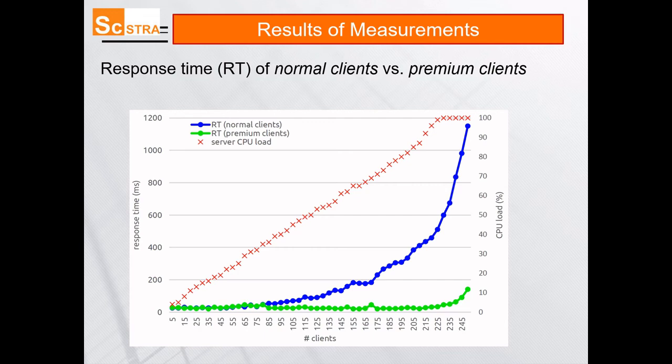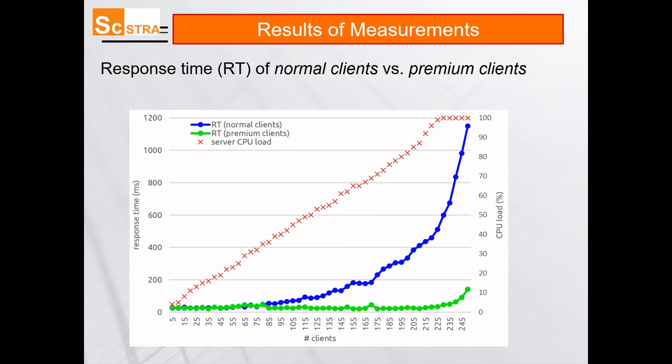But if we have premium clients who are ready to pay some money, for example, for managing the network, and we do manage the network using the SDN controller, then we see in this green curve that we don't have this very steep rise, but it's rising only slowly.